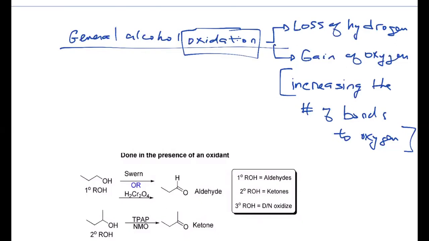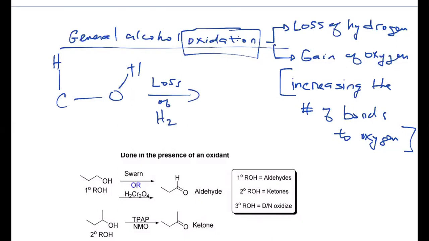So in general, if you have an alcohol, let me do this different. Right, what you're doing is in essence losing H2, right? Because you're going to lose this hydrogen and you're going to lose this hydrogen, right? So you end up with a carbonyl. Now, how that happens is going to depend on what the reagents are, right?